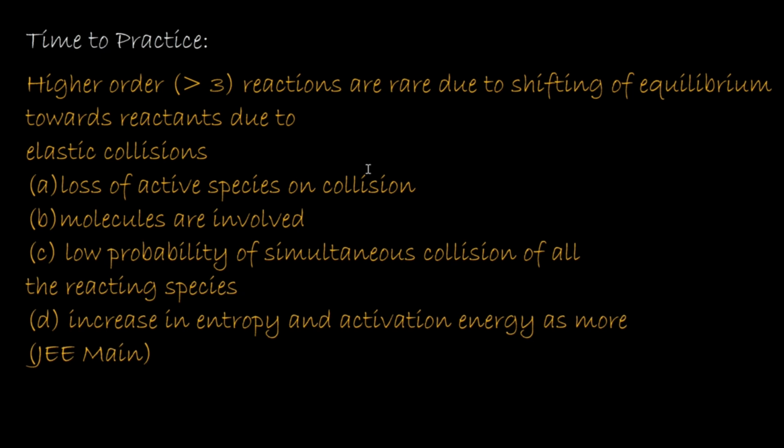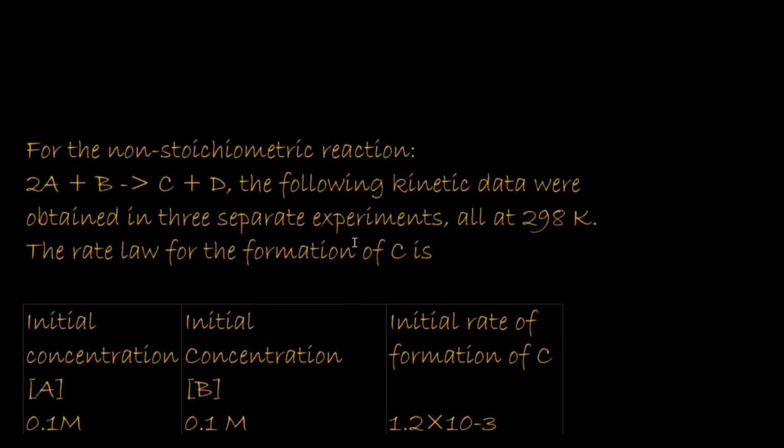High order reactions are becoming rare because of the low probability of simultaneous collisions of all the reacting species. If there are 3 or more reactants, the chance of collision between the correct molecules becomes less. This was asked in JEE Main 2014.